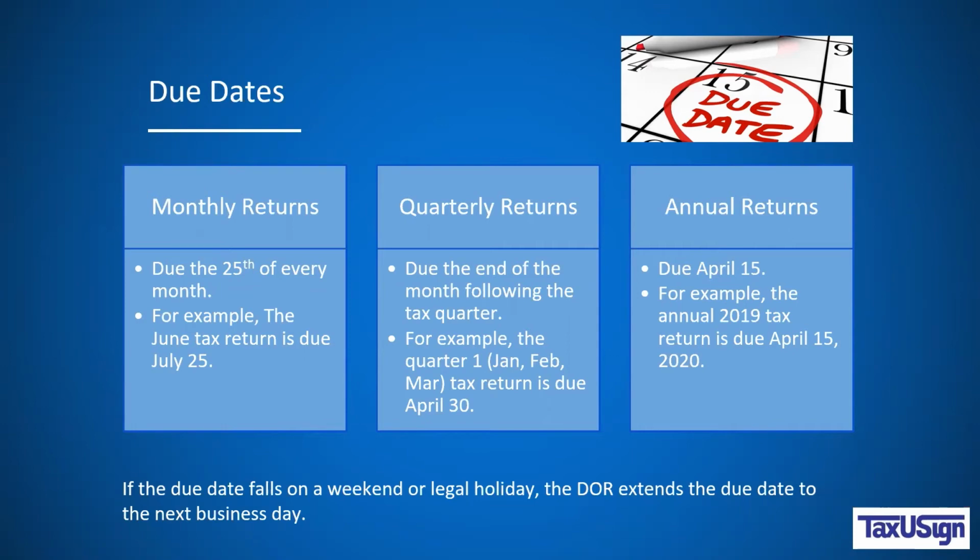For example, quarter 1, January, February, March, tax return is due April 30th. If you file annual, the due date is April 15th for January through December. Now, if the due date falls on the weekend or a legal holiday, the Department of Revenue extends the due date to the next business day.